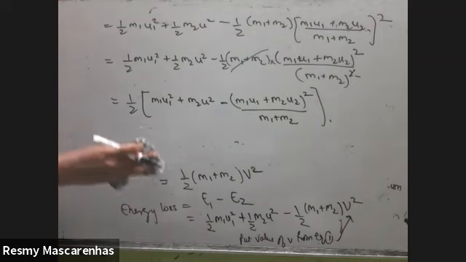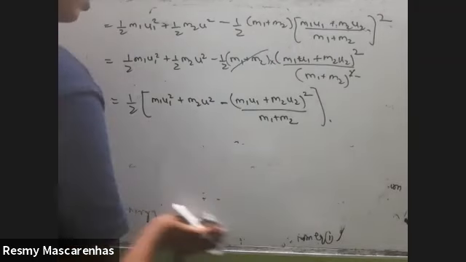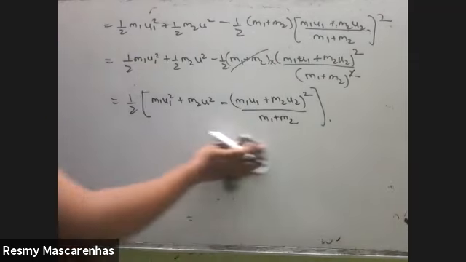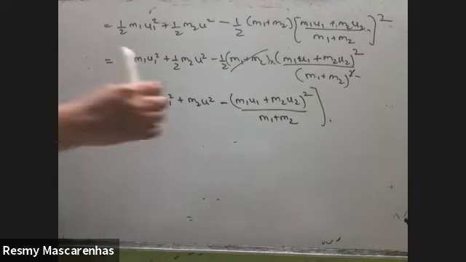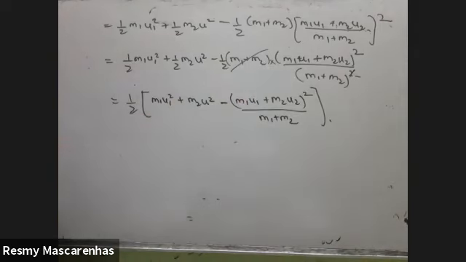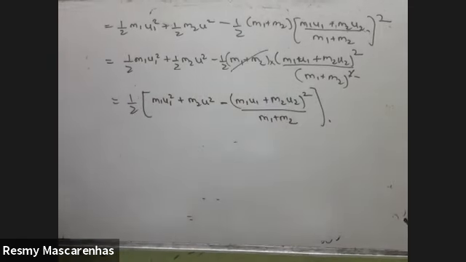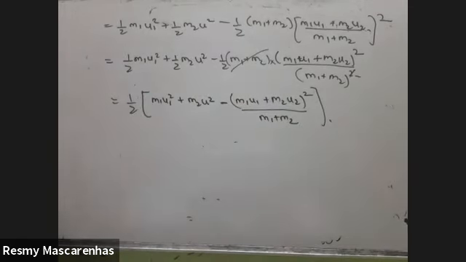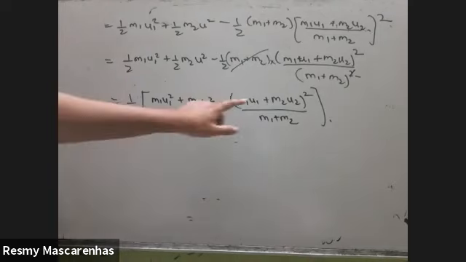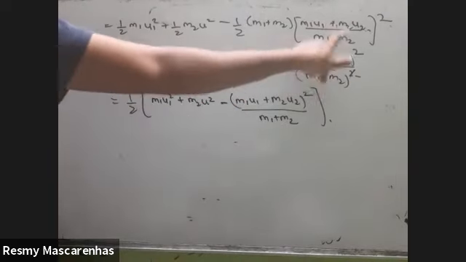If you all find something different, you should always bring it to my notice. Just simply don't copy. There was no square. This was the v value: m1 u1 plus m2 u2 upon m1 plus m2. So that square inside is not there. That is what I remove.